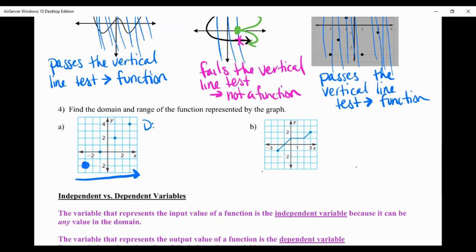So right here, this is -3, -1, +1, and this x value would be 3. Again, we're looking on the horizontal axis, the x-axis. What is the x value of each of those points?